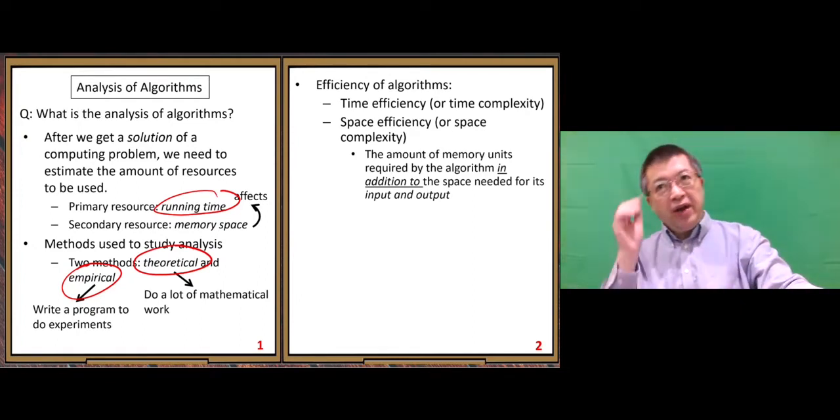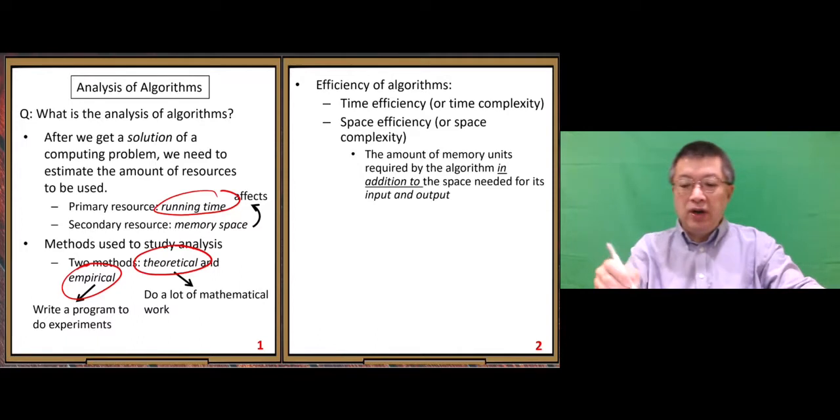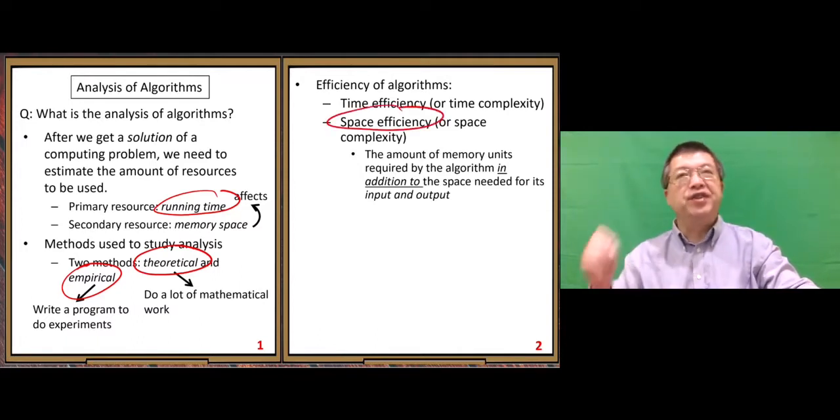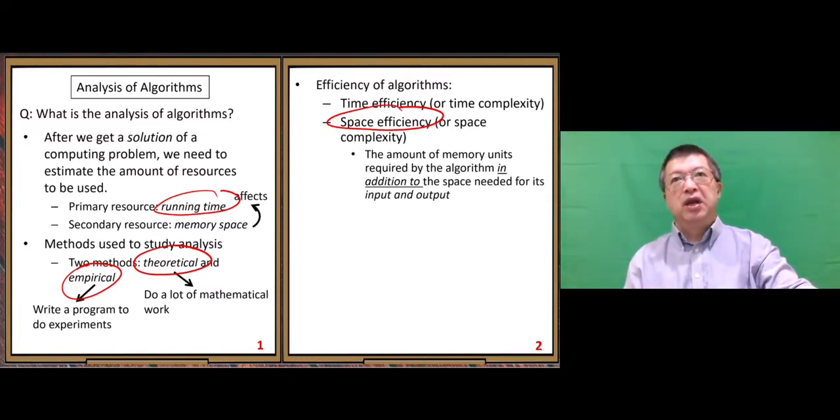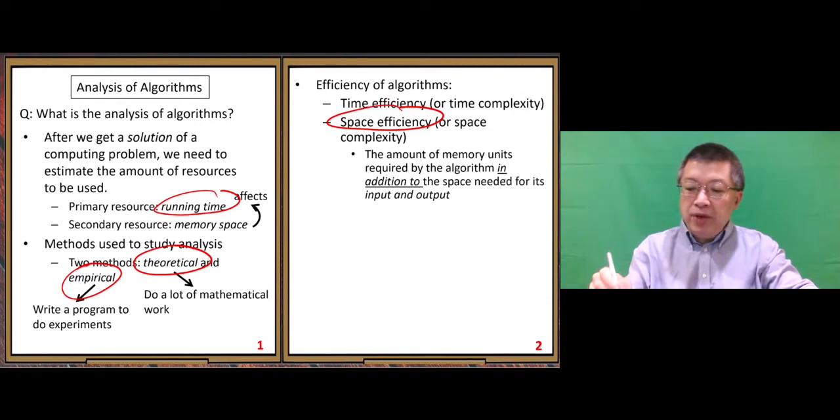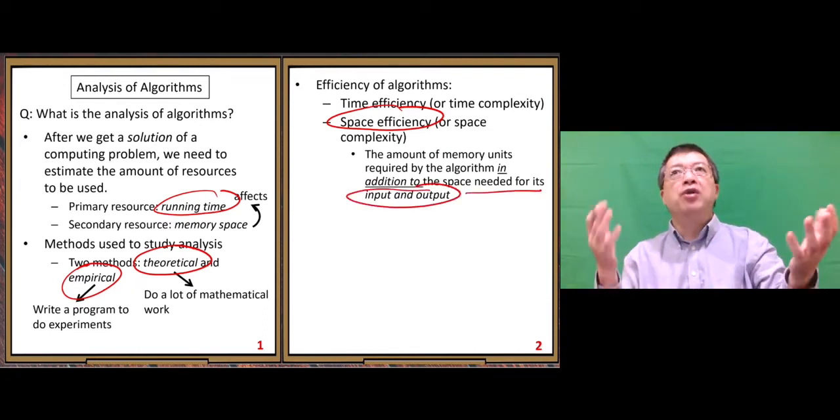But here we'd like to discuss space efficiency a little more deeply. So how do we do it? We consider extra space used. What's the extra space used? The space used for input and output is the normal use.